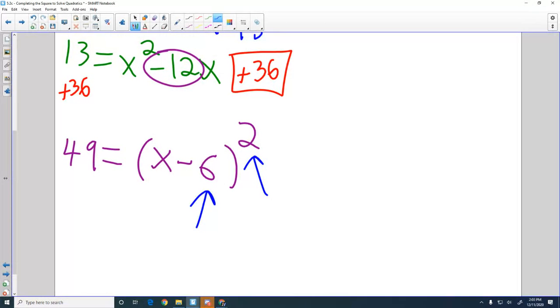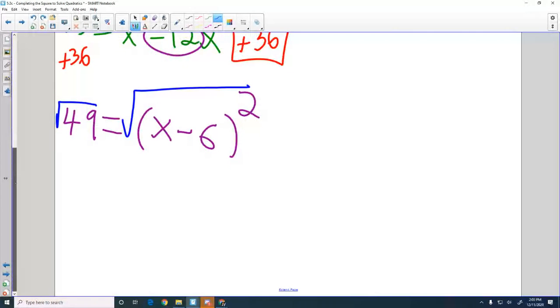I've got to cancel out that square before I can get into that negative 6. So how to get rid of a square? And if I square root one side, I have to square root the other side. So by doing this, the square and the square root cancel out. And I'm left with just x minus 6.